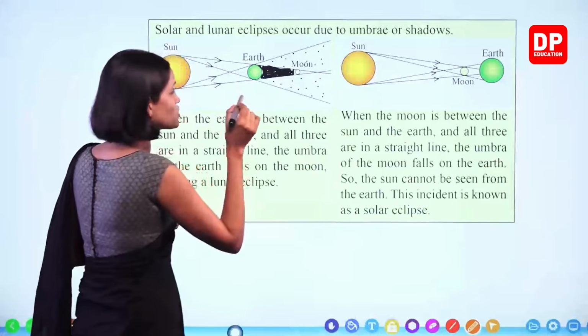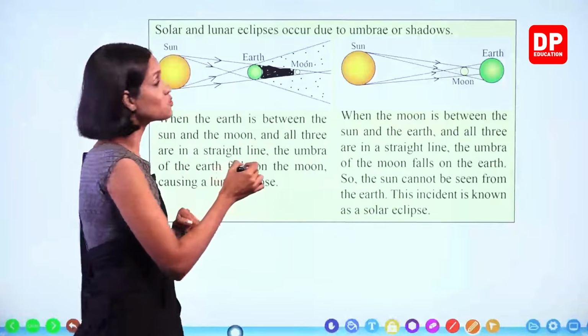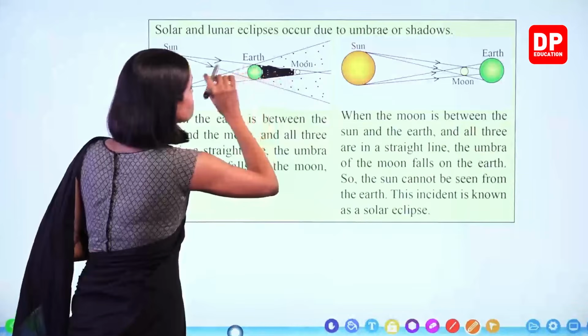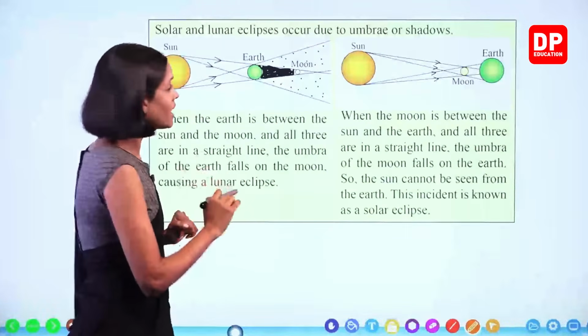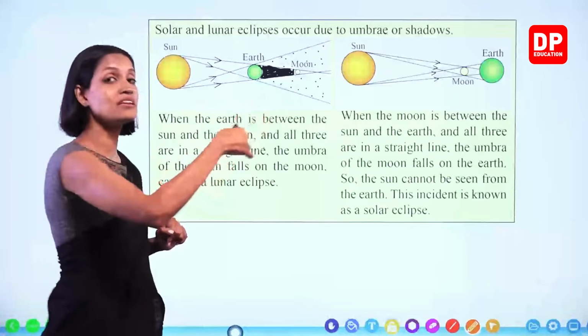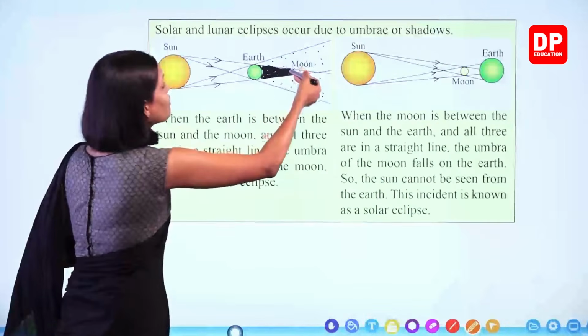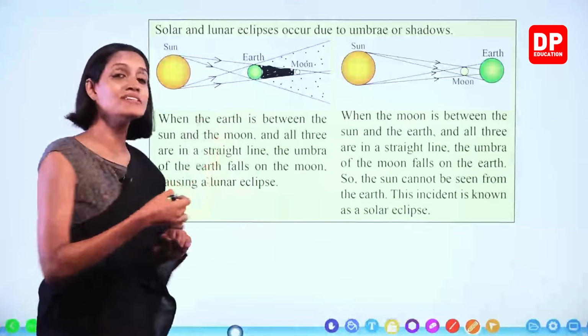Now, in this picture, the moon is present in the umbra area, which means no sunlight falls on the moon. Because if the sunlight does not fall on the moon, it cannot shine bright, it cannot reflect light. So, if it cannot reflect the sunlight, can we see the moon?